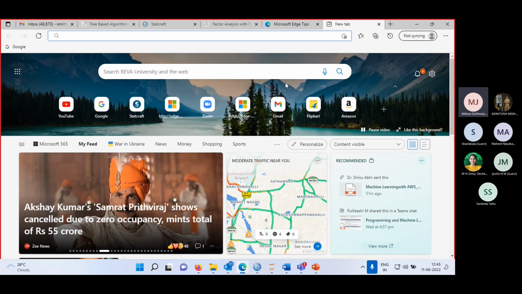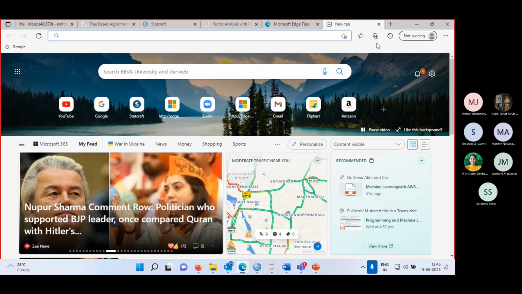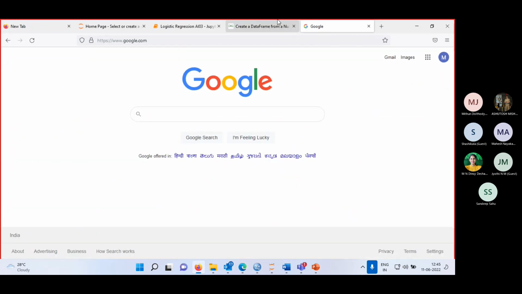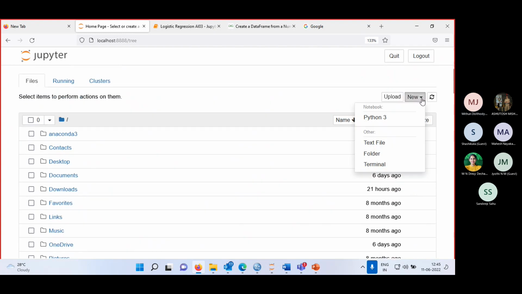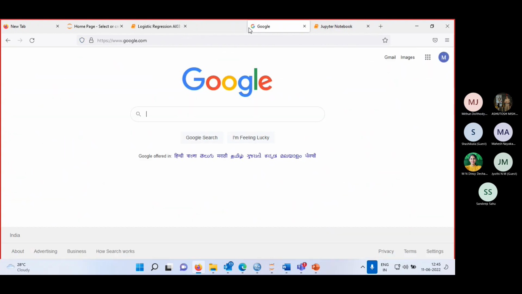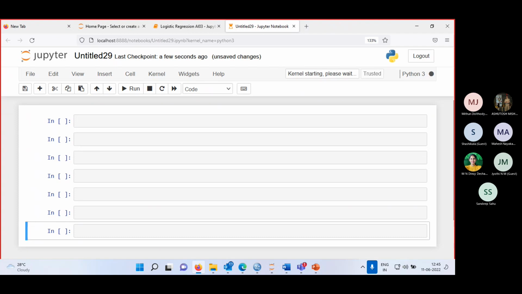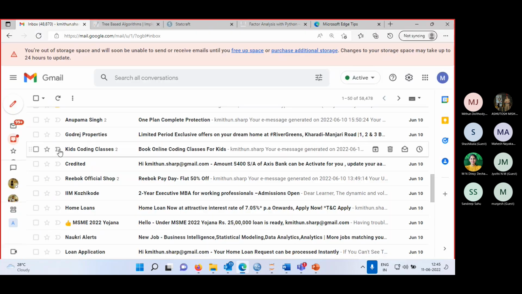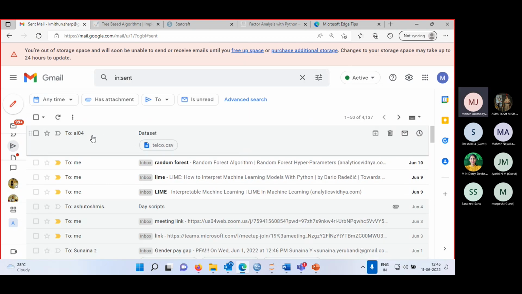This one with logistics. I've sent it. I hope this is correct.